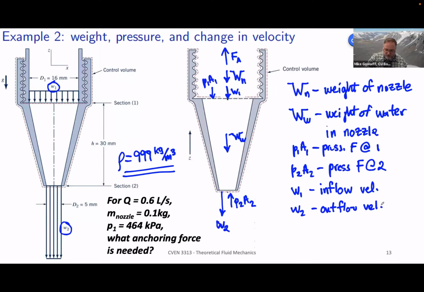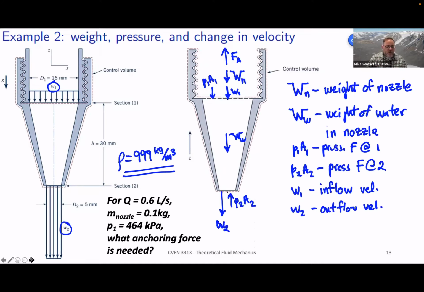Okay, so let's take a step at putting all of these together. We're going to say that the sum of the forces acting in the z direction here, so this anchoring force is what we're after, is equal to the momentum exchanges through our control volume. Again, the temporal component of the change of momentum within the control volume will be equal to 0. It's always constant, so it's not changing with time, assuming that we have a steady flow rate.